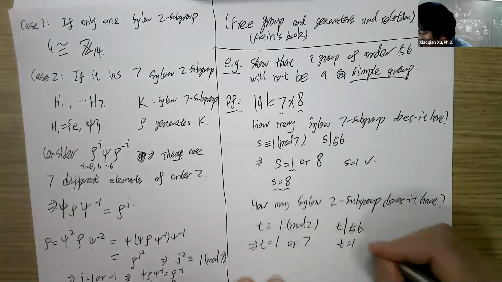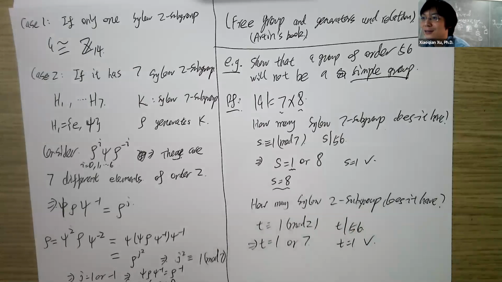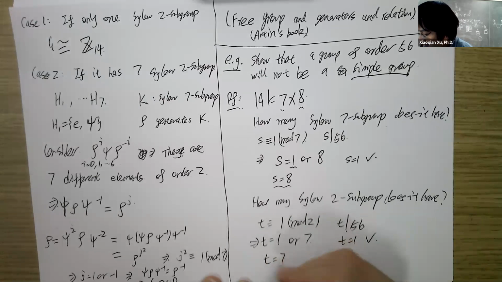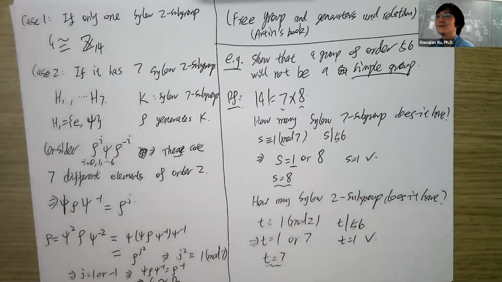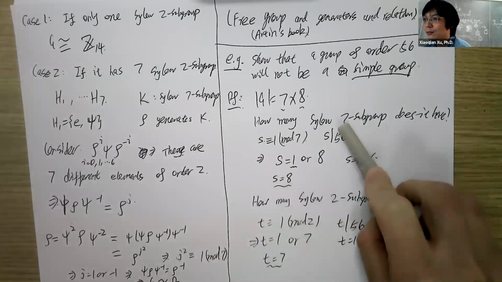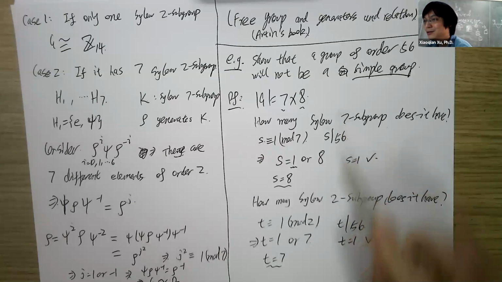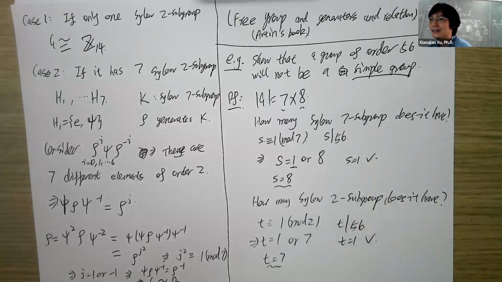If T equals 1, then we are done, because we find a normal subgroup with order 8. Otherwise, T equals 7 is another problem. So the only problem now is, what if this group contains 8 Sylow 7 subgroups and 7 Sylow 2 subgroups? In this case, could it be a simple group?